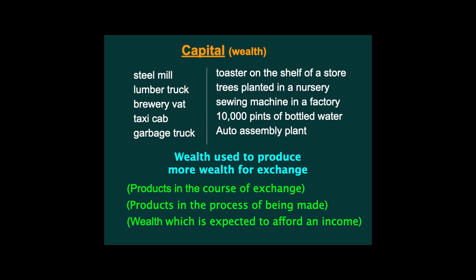So these are all wealth used to produce more wealth for exchange. Some people would say these are products in the course of exchange, at least some of them, and products in the process of being made, and wealth which is expected to afford an income. So the proper definition is wealth used to produce more wealth for exchange.